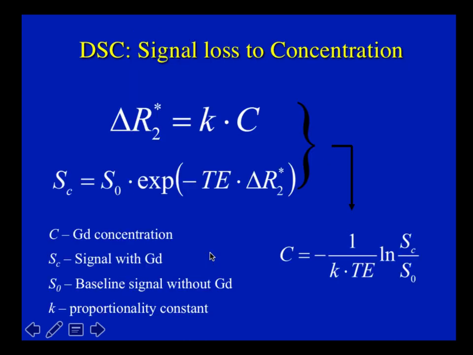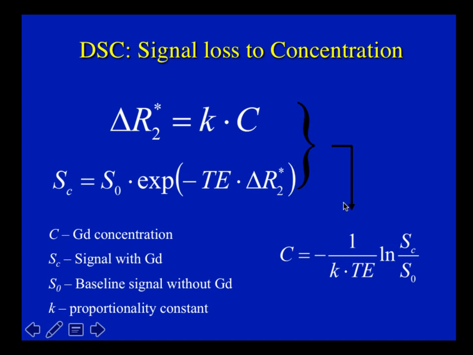particular time point. So what you would like to do is to convert this signal loss to concentration. We know from initial work on contrast agents that, to first order, the change in the relaxation rate due to gadolinium is proportional to the concentration of gadolinium. We can also write the signal intensity in the presence of gadolinium as a function of the change in relaxation rate.